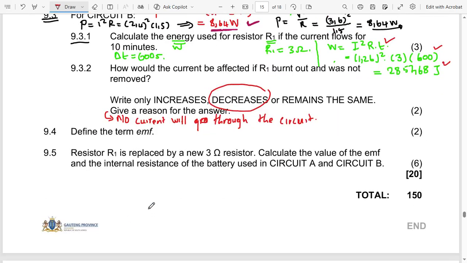9.4, they want you to define the EMF. So EMF is the maximum energy provided, or you can say the work done by a battery per unit charge.